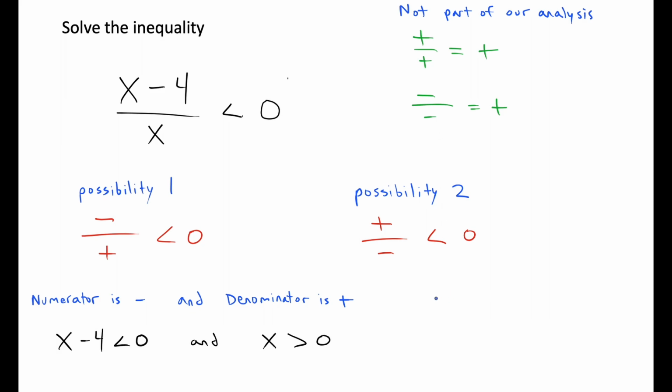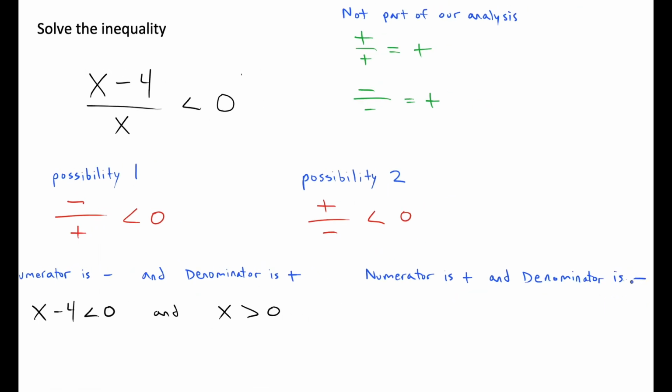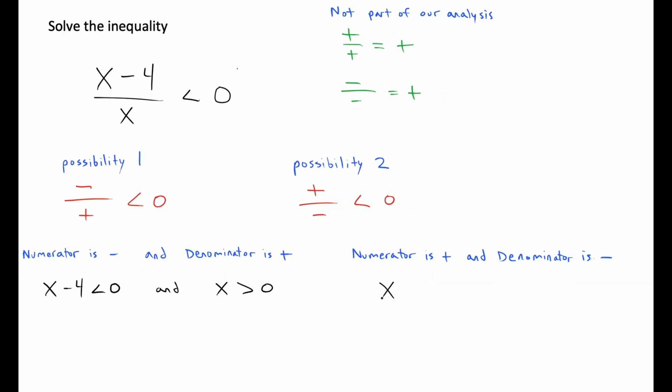For possibility 2, I need my numerator to be positive, and I need my denominator to be negative. So let's write that. Between these two possibilities, we want to put an OR.